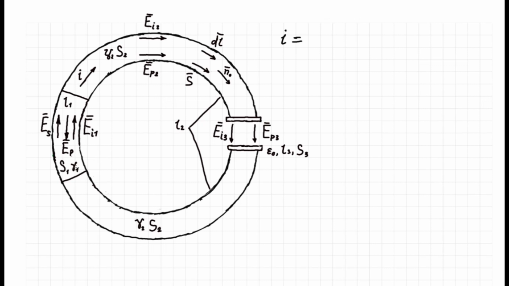Conductivities are different in these different parts. The conductivity in the first part is gamma with subscript 1 times, with braces, this electrical field strength, which consists of three parts.